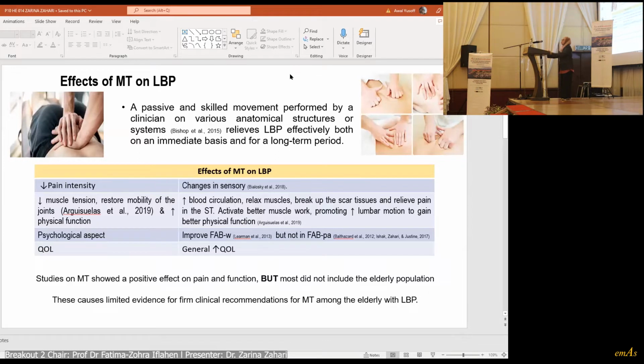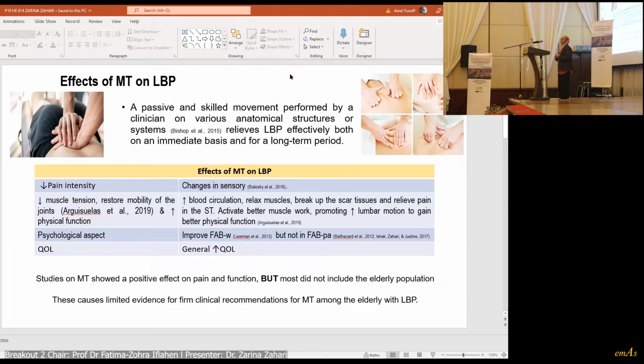Okay. What are the effects of manual therapy on low back pain? Before we move on, you should know what manual therapy is. Manual therapy comes in various techniques. For instance, massage, spinal mobilization, and manipulation come under manual therapy.